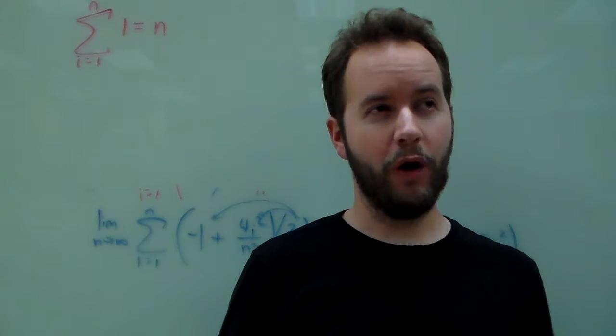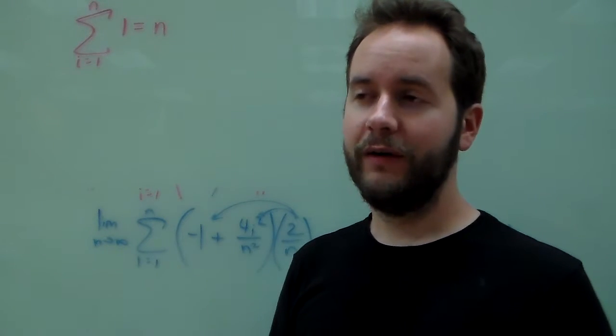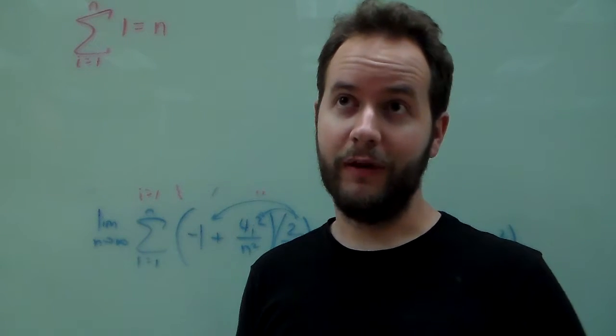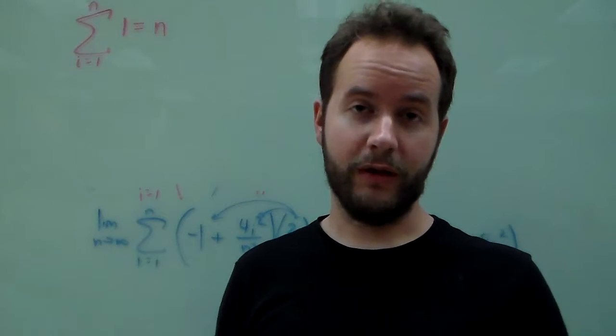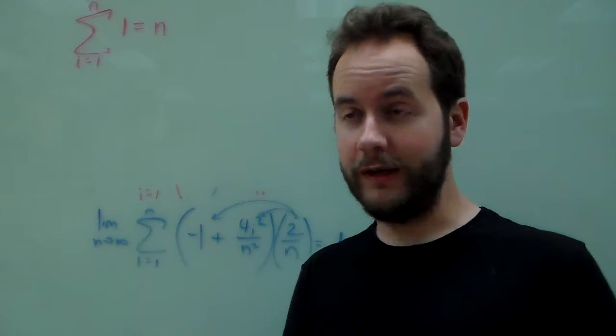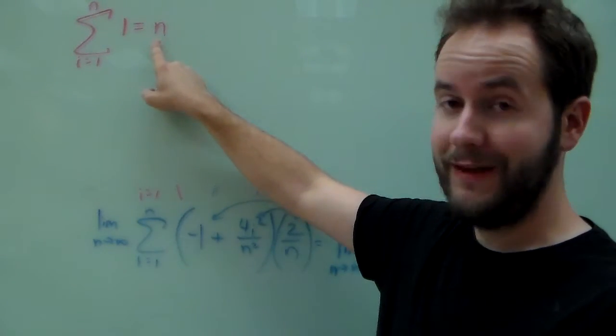What happens when you add the number 1 to itself n times? That would give you n times 1, right? Think about what that would mean if you said, I want you to add the number 17 to itself 20 times. That would be 17 plus 17 plus 17, 20 times. That would be 17 times 20. In much the same way, I'm adding the number 1 to itself n times. That would just give me n.